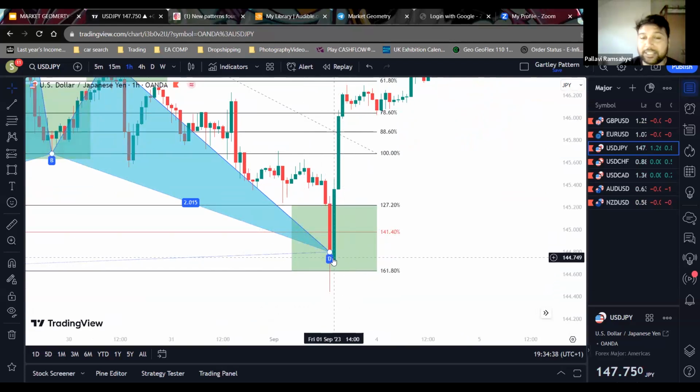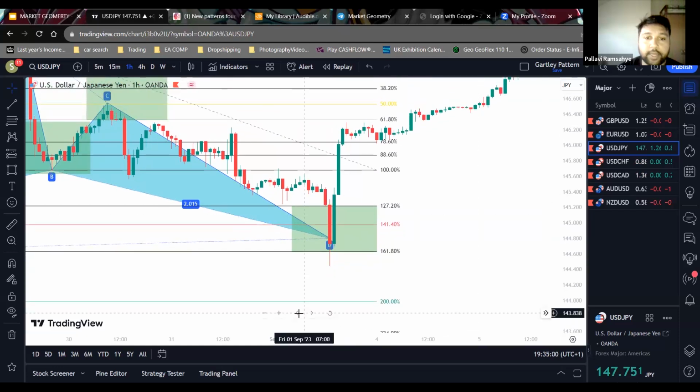So what price did is the candle pushed out below our green zone, but before it closed, it retraced back and closed within the green zone. And once this happens, we can then look to take this trade, okay?